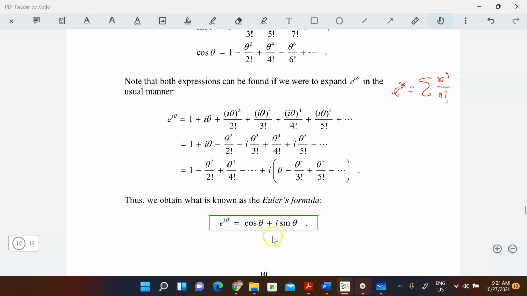Okay, so this will be a useful tool when you do some kind of calculations with complex numbers. What happens over here, you can almost see that this is going to be important when you have the polar form.